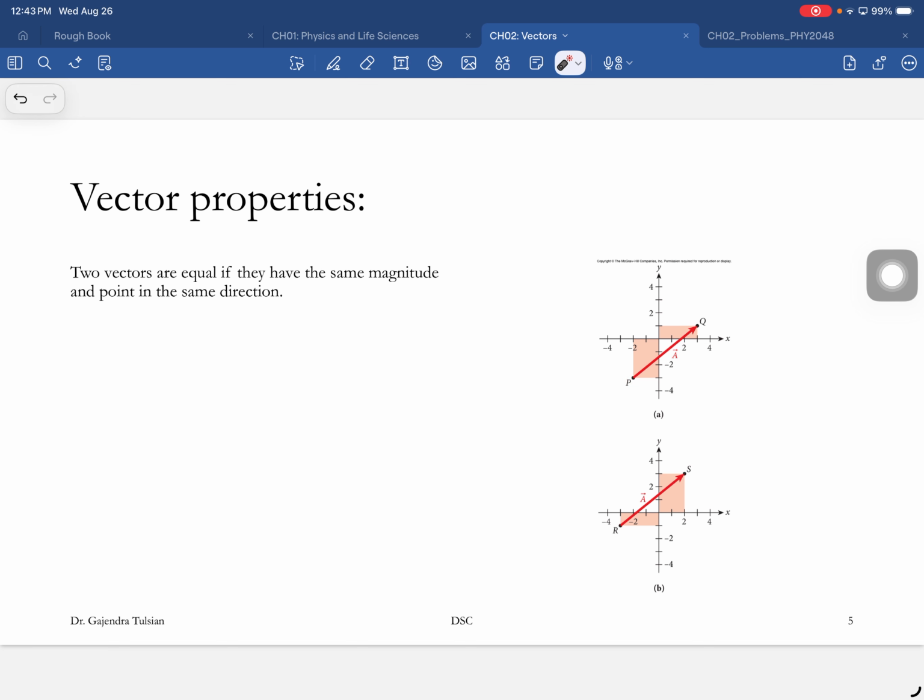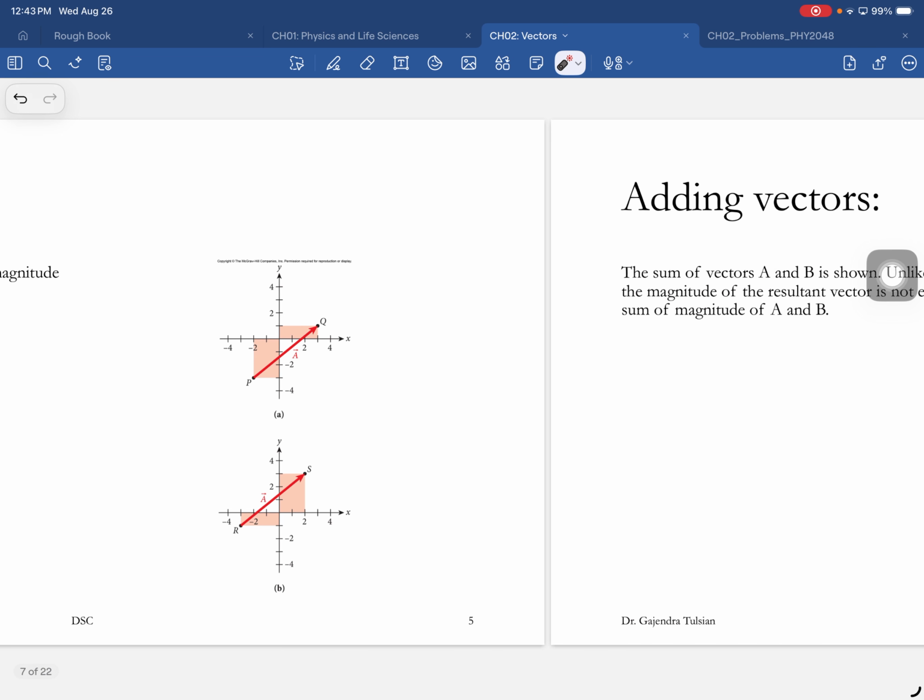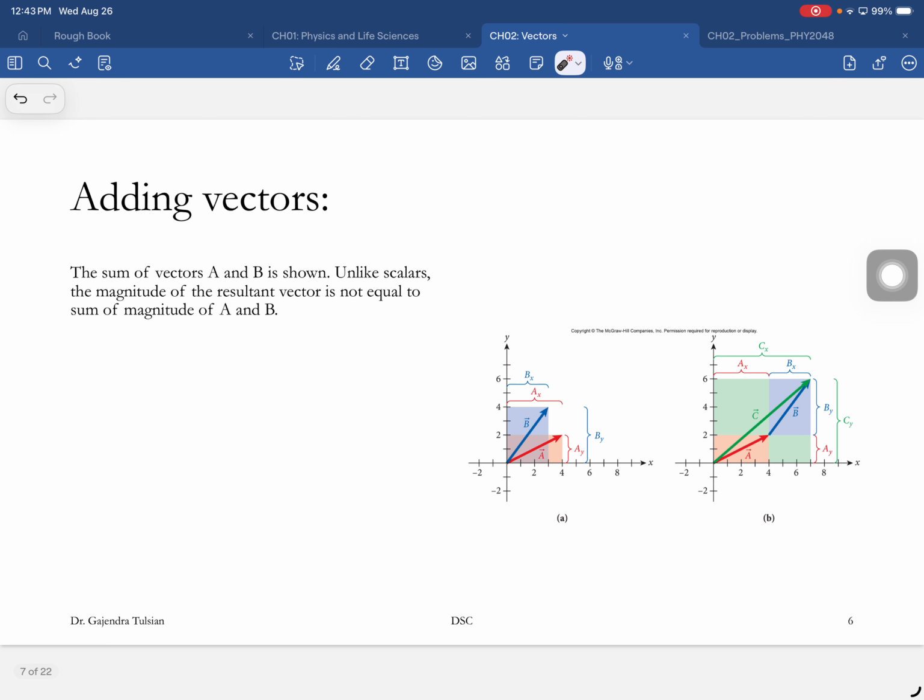For instance, as far as physics is concerned, if you're driving 50 miles an hour north on I-95 or 50 miles an hour north on US 1, your velocity is the same. So two vectors that have the same magnitude and are pointing in the same direction are equal to each other.